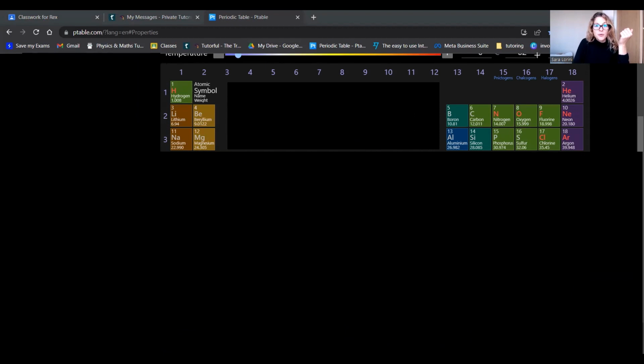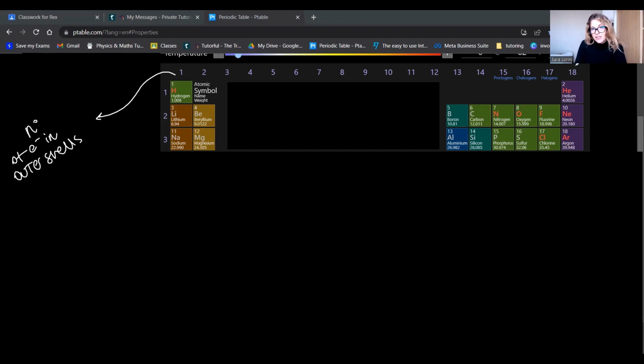So the group number tells us the number of electrons in the outer shell of atoms. And knowing that, we can work out how many electrons are needed to be gained, lost, or shared for elements to have a full electronic configuration.